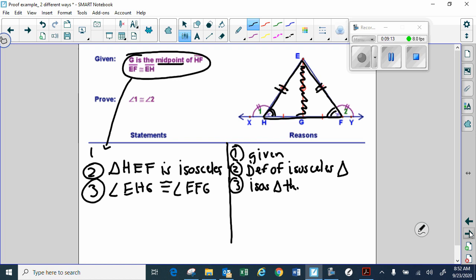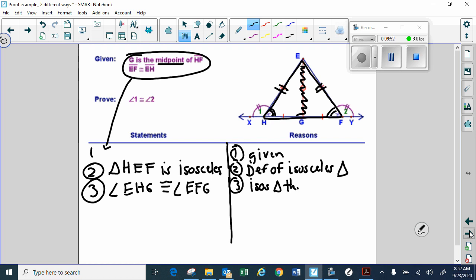Remember, the isosceles triangle theorem says if you have an isosceles triangle, then the base angles are congruent. So that's why I had to, in step 2, say it's an isosceles triangle, because it had that word in the theorem, if the triangle is isosceles. So I had to define it as being isosceles first. That's why.